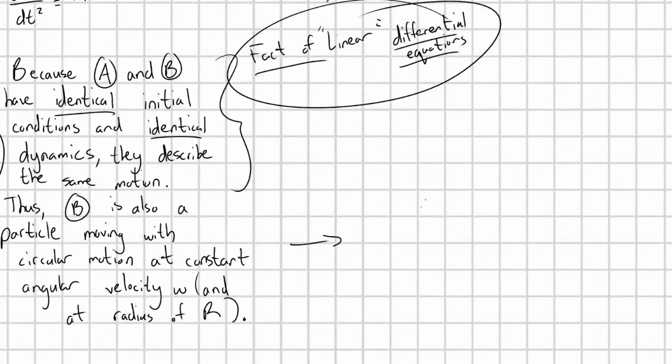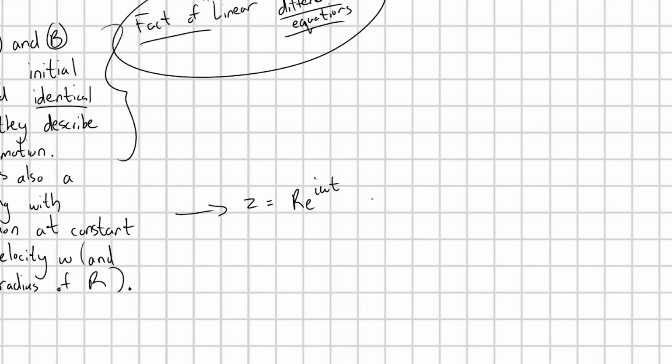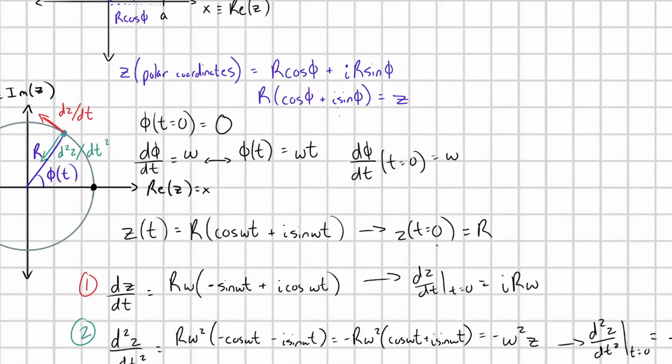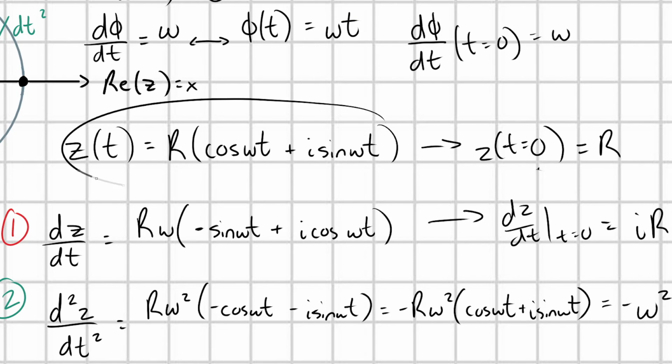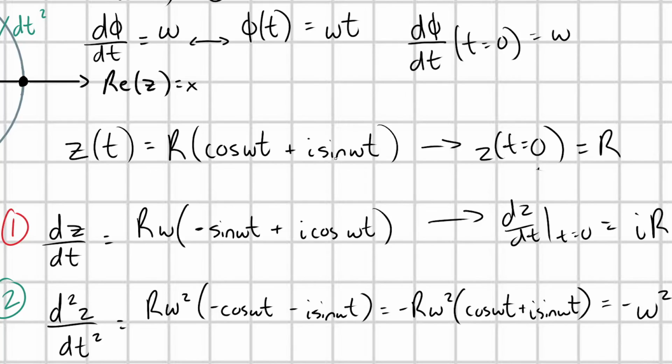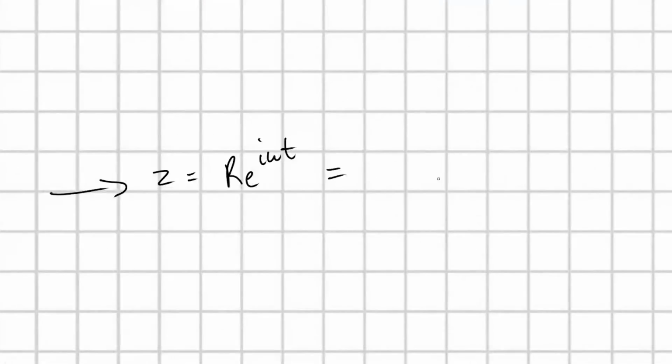So if we have z is equal to r times e to the i omega t, and of course now we know that this is an exact equal expression to the position of my particle as a function of time with the polar coordinates representation, because we confirmed that the dynamics were absolutely equal between the two. So this is equal to r times cosine omega t plus i times sine omega t.